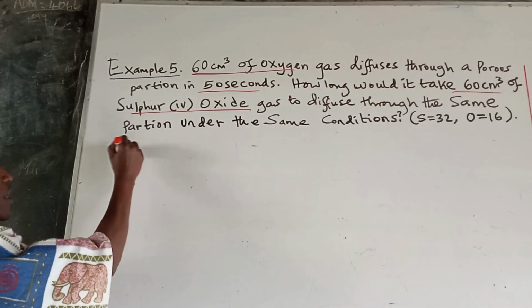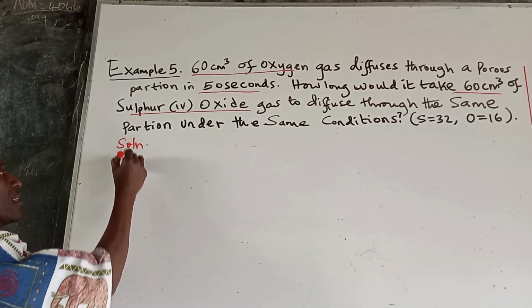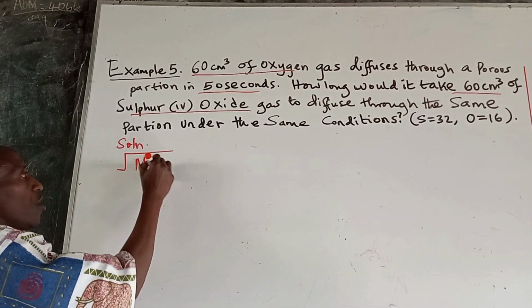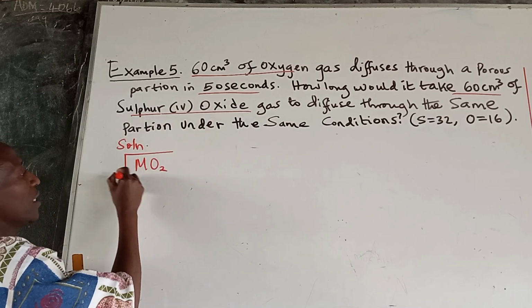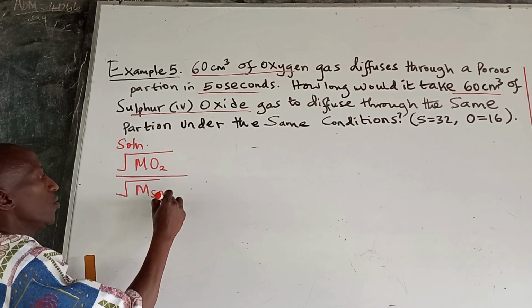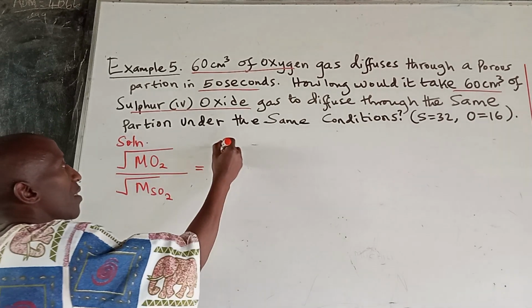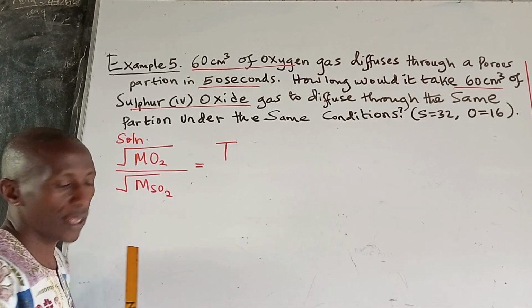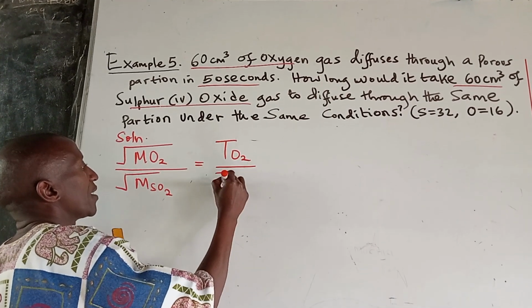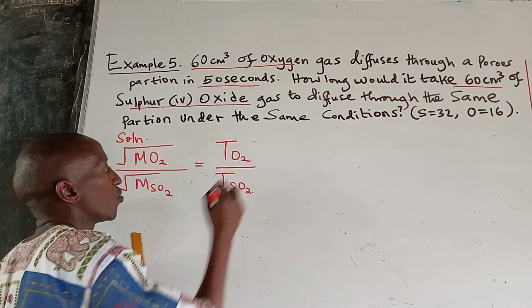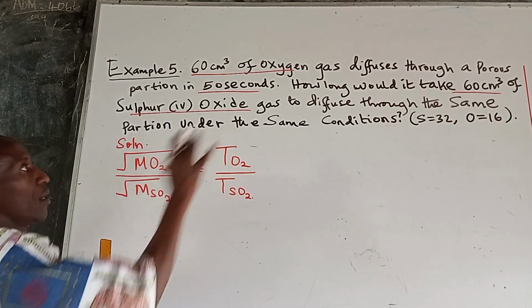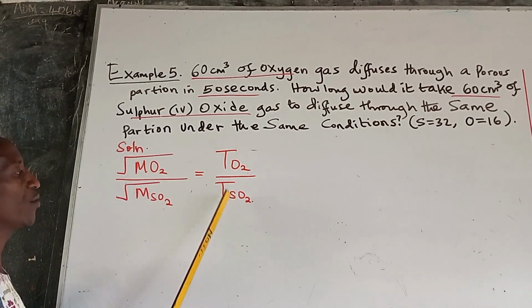In our solution, we can say that the square root of the molecular mass of oxygen, the first gas, all over the square root of the molecular mass of SO2 is equal to the time taken by oxygen to diffuse over the time taken by SO2. In this case, the time for the oxygen is given. We shall look for this one.